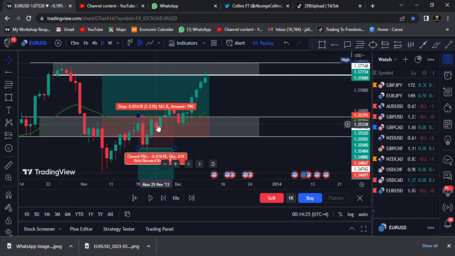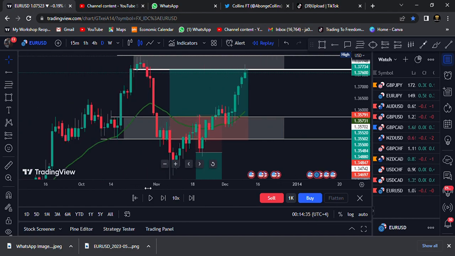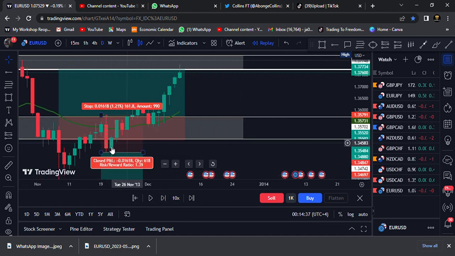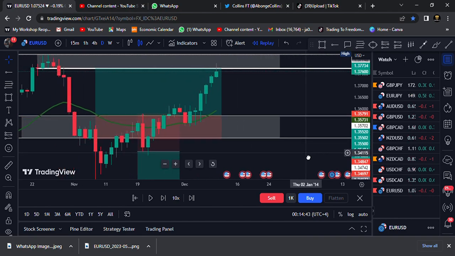Losing here would have just blown everything up, and it would have been like revenge trading. Now we want revenge, but following our strategy and being disciplined, we did stick to the point, and this is where it is.